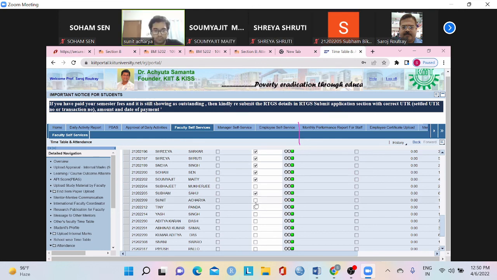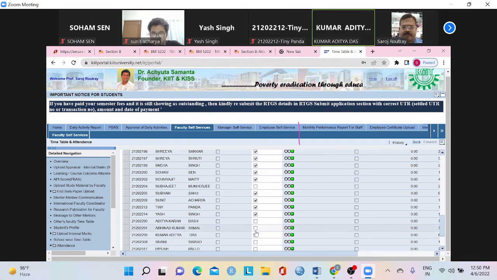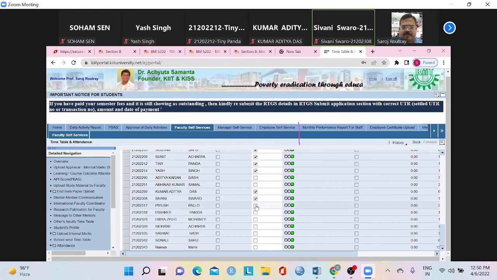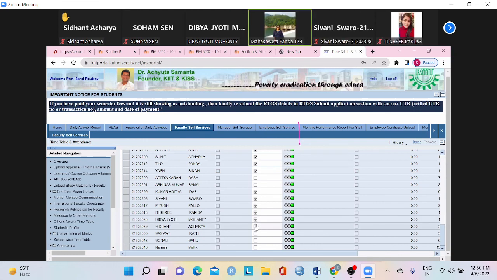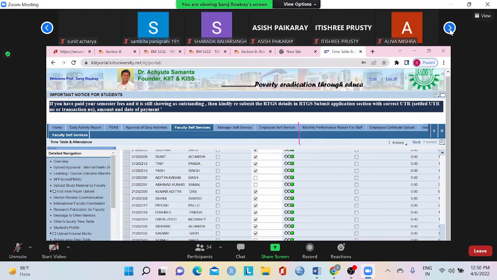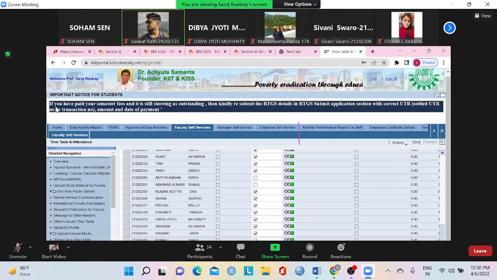Tini, present, sir. Yash, present, sir. Kumar Aditya Das, present, sir. Shivani, present, sir. Piyush, present, sir. Itishree, present, sir. Divya Jyoti, present, sir. Siddhant, so he is raising his hand, okay. Saswat, present, sir.